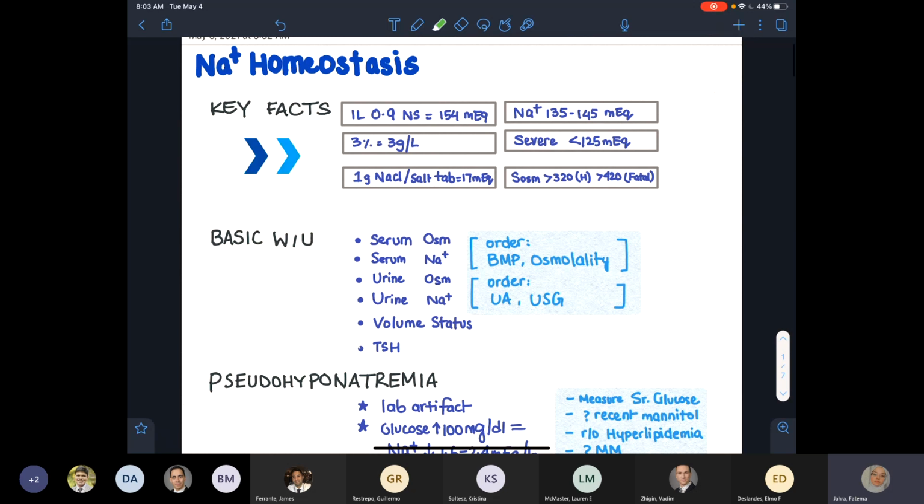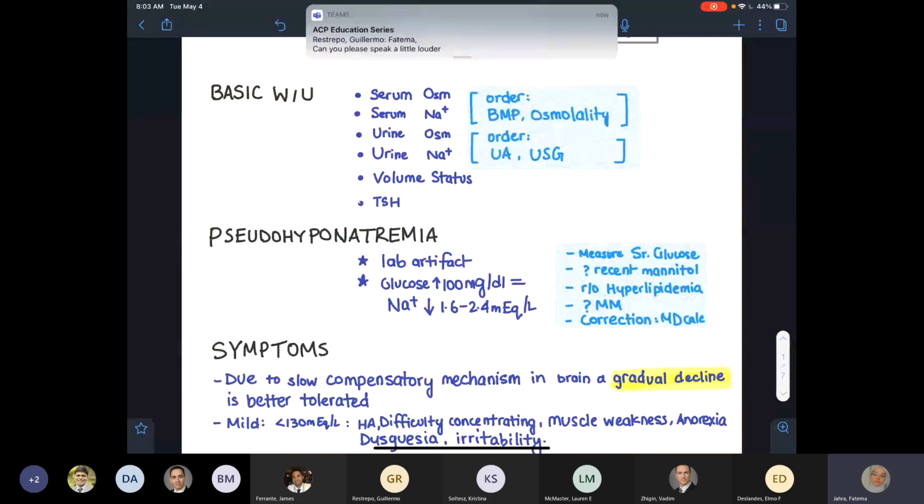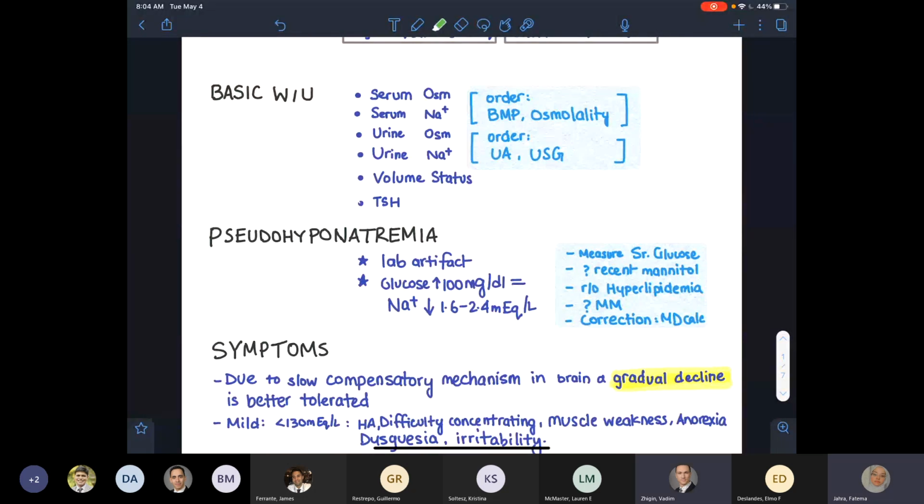So the basic workup that we send for hyponatremia includes the BMP. Oh, you can't hear me? Okay, I'll speak a little louder. So the normal workup we send is a BMP, a UA, urine specific gravity, and osmolality, and that gives us serum osm, urine osm, serum sodium, urine sodium, and urine specific gravity.